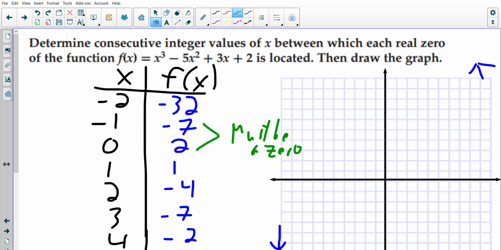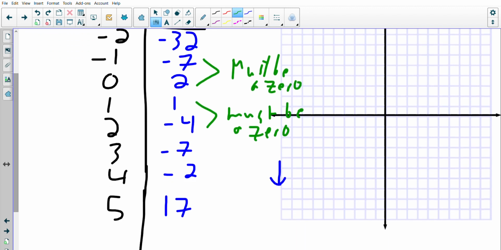And then from 1 to -4, that means it's crossing. It's going to be passing 0 again, so there must also be a 0. And then finally, -2 to 17 must have a 0 because again, it's crossing the x-axis.